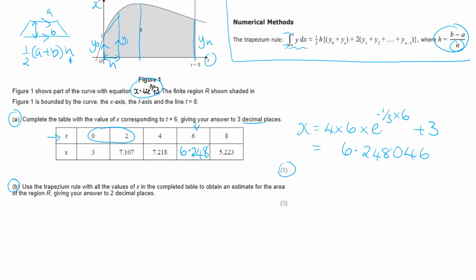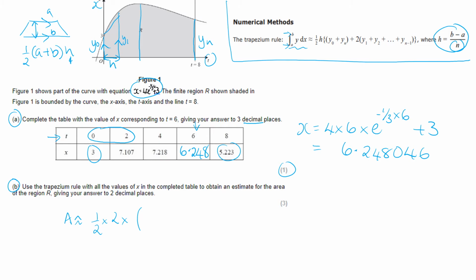In part B, we're going to approximate and use the trapezium rule. So the area is approximately equal to half h, which is 2, times, now you have to have the two y coordinates, but x is on the y-axis.